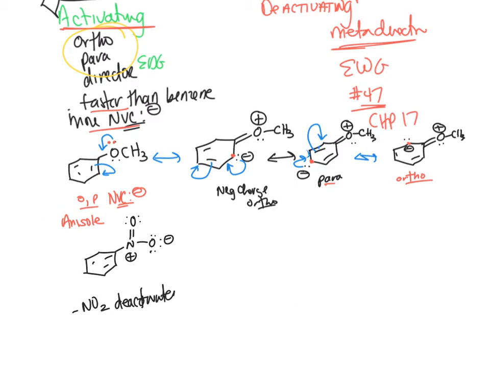And you should be able to see that because your nitrogen that is directly attached to this ring has a positive formal charge, even though this is overall neutral. So if you draw this, you would see that it withdraws. So here, those electrons go here, those electrons go there.